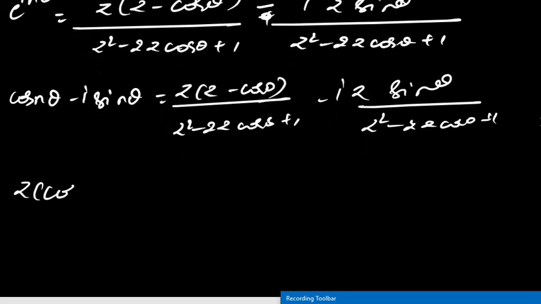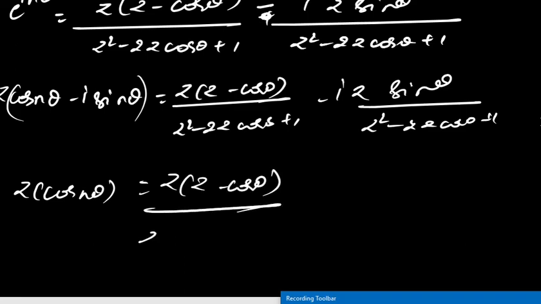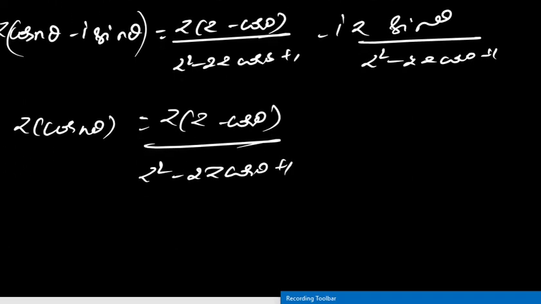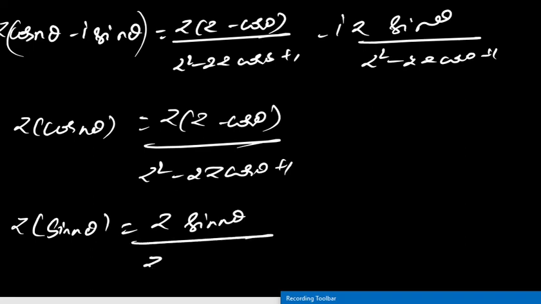So z transform of cos n theta will be z into z minus cos theta by z square minus 2z cos theta plus 1. Similarly, when I take the imaginary part, z transform of sin n theta will be z sin theta divided by z square minus 2z cos theta plus 1.